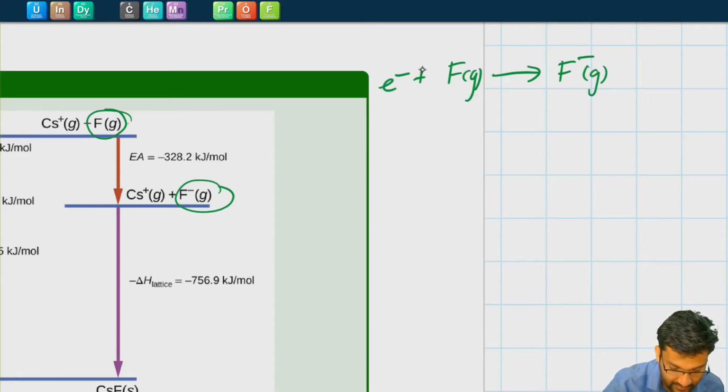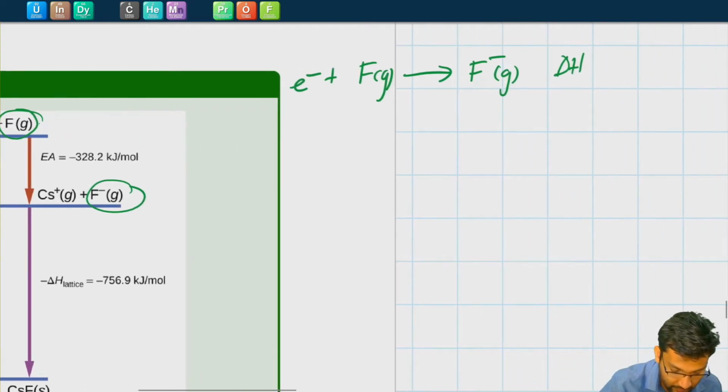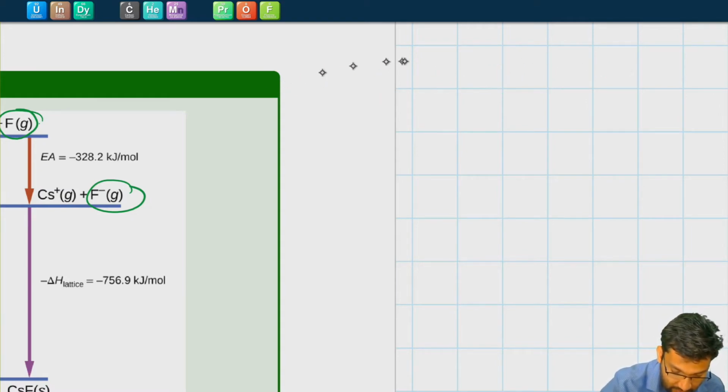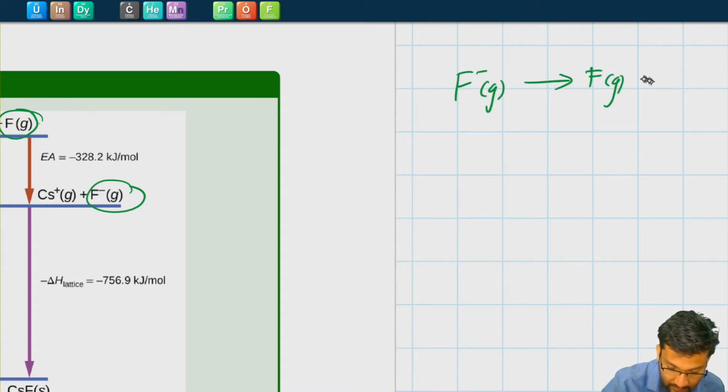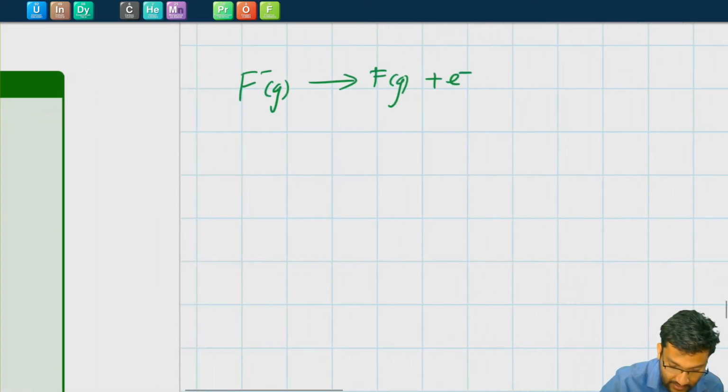To do that, we had to add an electron. And the enthalpy for this reaction, we know what this is. You add an electron to something, that's the electron affinity. So if we're going backwards, we're starting with a fluoride ion, and we're going to a fluorine gas atom plus an electron. And so what we'll have here is the negative electron affinity.